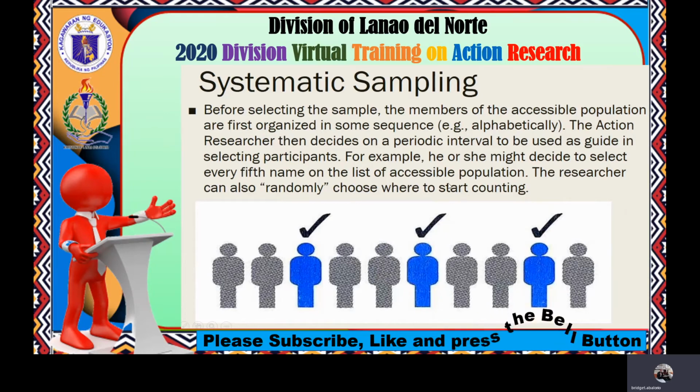If there are 50 students and the researcher only wants to involve 10 of them, then the interval will be 50 divided by 10 equals 5. Therefore, the researcher will choose every fifth name on the list.